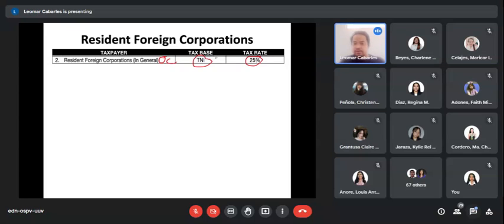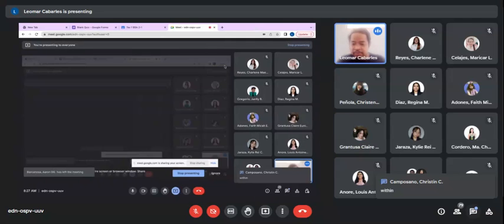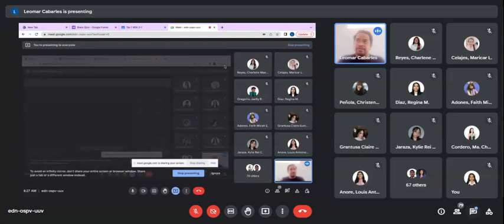Answer, this is only for those income within the Philippines. Di ba pag domestic, same lang din, pero worldwide? Yung scope niya. Okay?